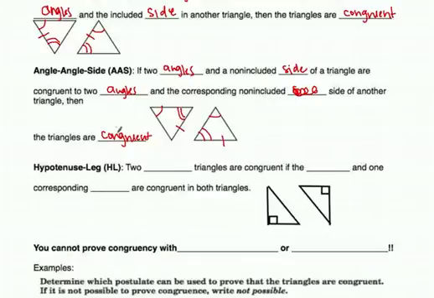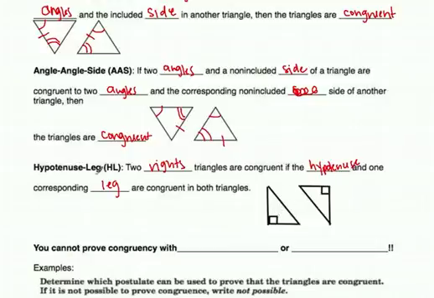All right, another method is hypotenuse leg. Now, hypotenuse leg is only for right triangles. So, two right triangles are congruent if the hypotenuse and one corresponding leg are congruent in both triangles. So the first thing I have to look for is that they both have right angles.